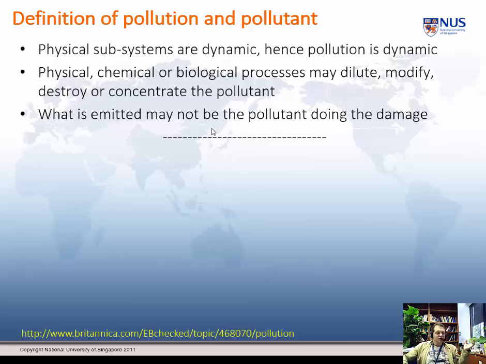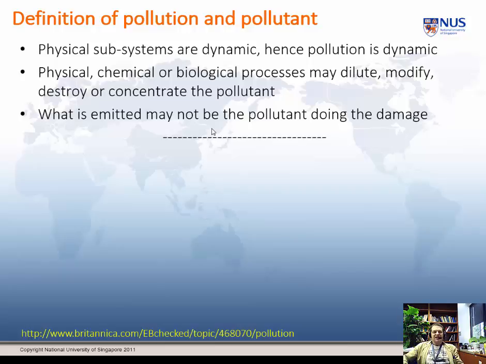It will either have moved, the river will have carried it somewhere else, it would have been speciated differently, maybe it's now in the sediments or maybe it's in the estuaries, it may have reacted either with or without the agency of biology, so it may not be the substance you put in there anymore, and so on and so forth.